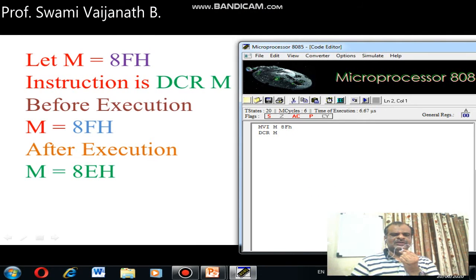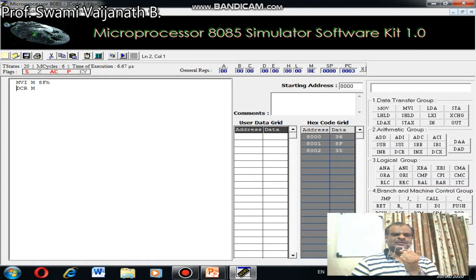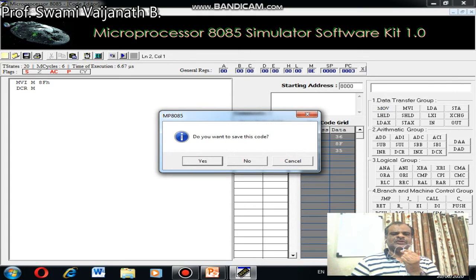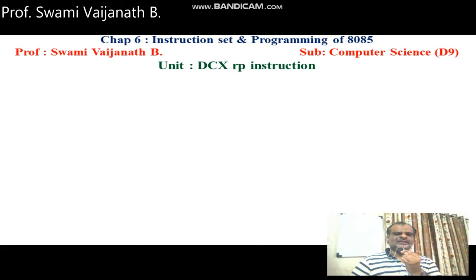After execution of this instruction, all flags except carry are affected: S is equal to 1, Z is equal to 0, auxiliary carry flag is equal to 1, and parity is equal to 1.